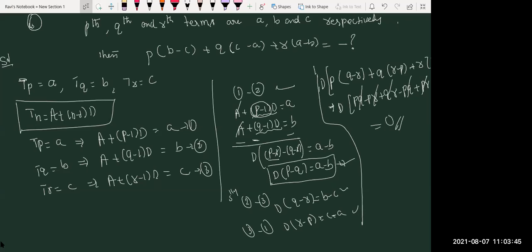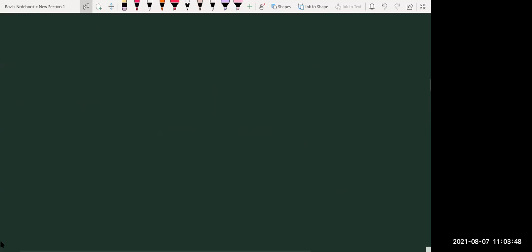I'll give one generalized question of an AP question. We'll try this question. Write down along with me, all of you. A man saves 320 rupees in the month of January.